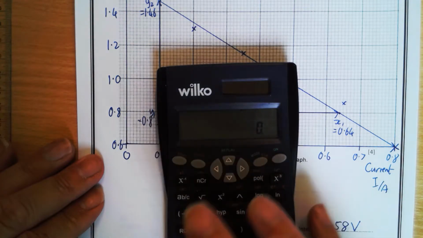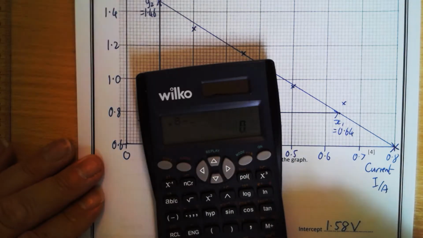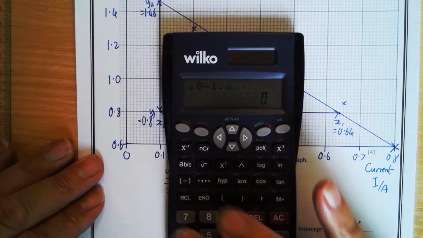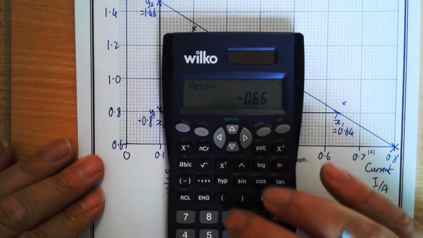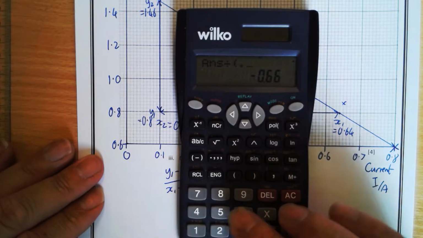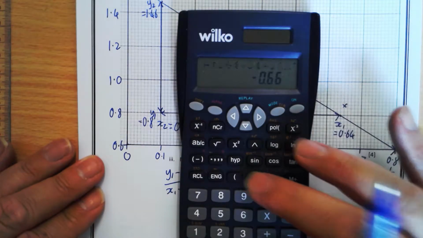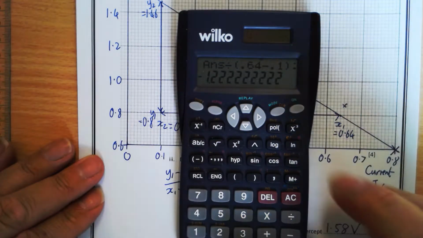So you'd say, well, that's going to be 0.8 minus 1.46, equals, divide it by 0.64 minus 0.1, and then we press equals, and we end up with 1.2 recurring.